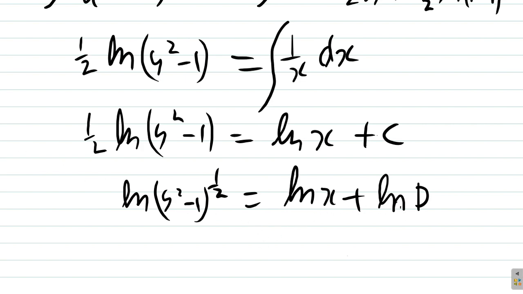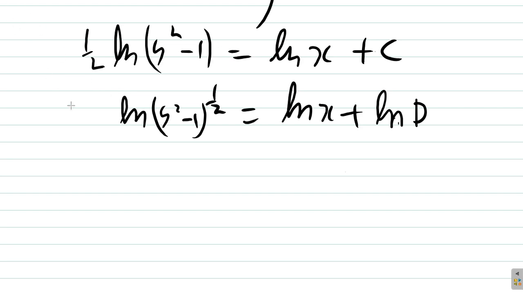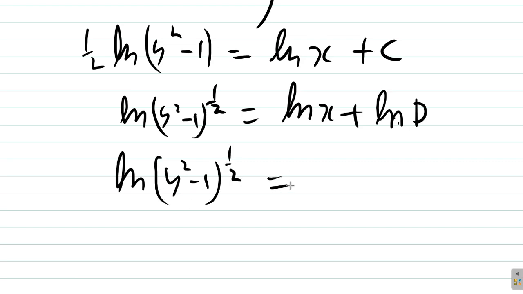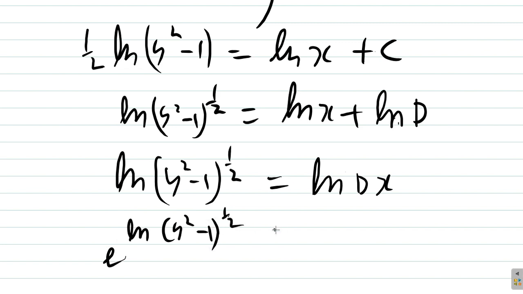Alright? So this is ln y squared minus 1 to the power of a half equals ln dx. Multiply them. Okay, look at this now. E raised to the power of ln y squared minus 1 to the half is equal to e raised to the power of ln dx.